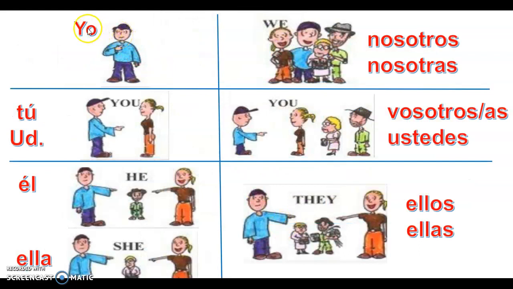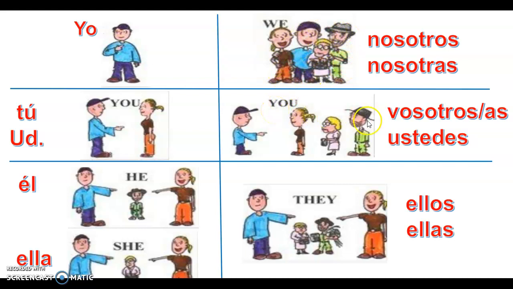So in Spanish, they're as follows. Yo is I. Tú is you. Usted is you formal. If I'm not really familiar with you or out of respect, I say usted. Él is he. Ella is she. Nosotros is we, and if we're all boys or if we're a mixed group. Nosotras is we if we're all girls.